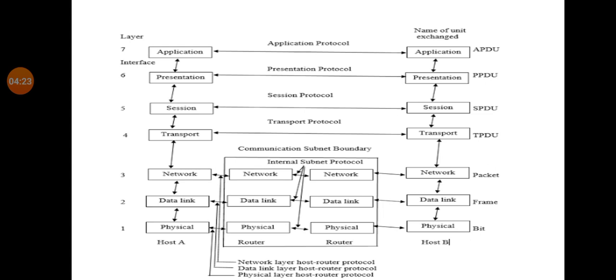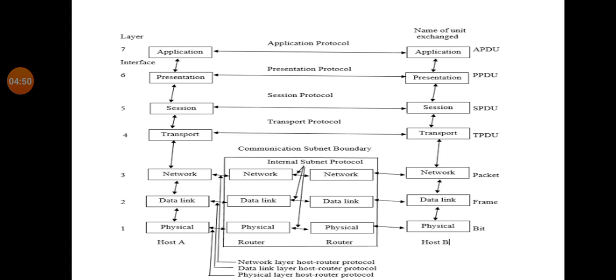Full duplex means transmission in both ways at the same time, meaning we can send and receive data at a time. So whether the transmission from host A to host B should be simplex, half duplex or full duplex is decided by the physical layer.